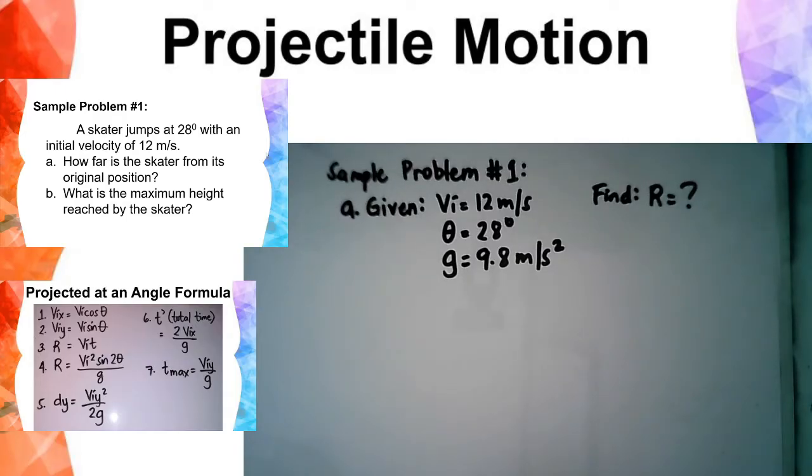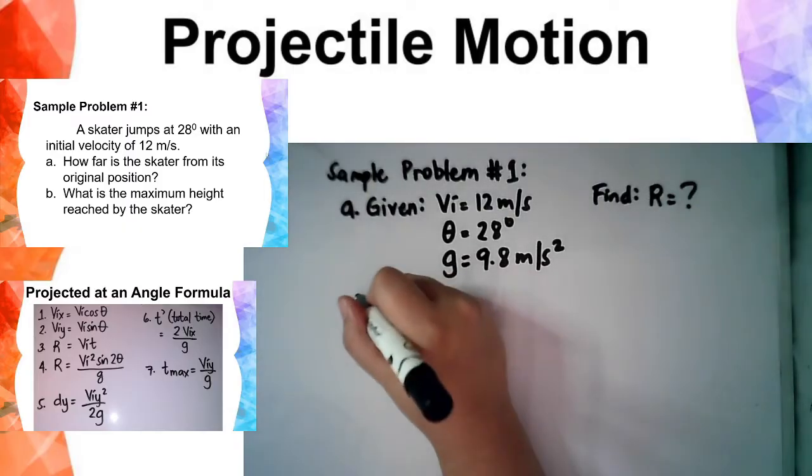For number 3, initial velocity times the time. We have the initial velocity, pero wala tayong time. For number 4, initial velocity ang kailangan, the angle, and then the gravity, lahat ay nasa given. So, ibig sabihin, ang gagamitin natin ay yung formula number 4.